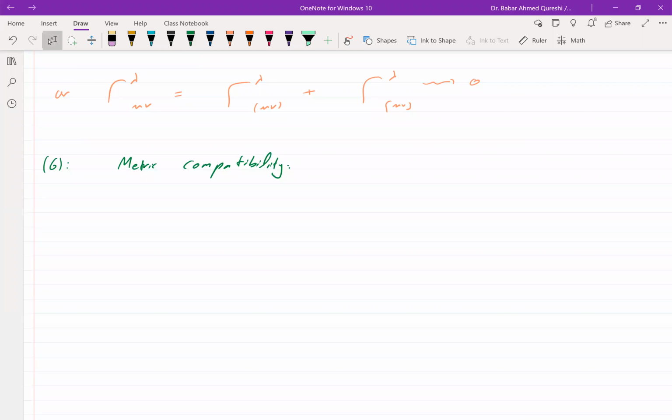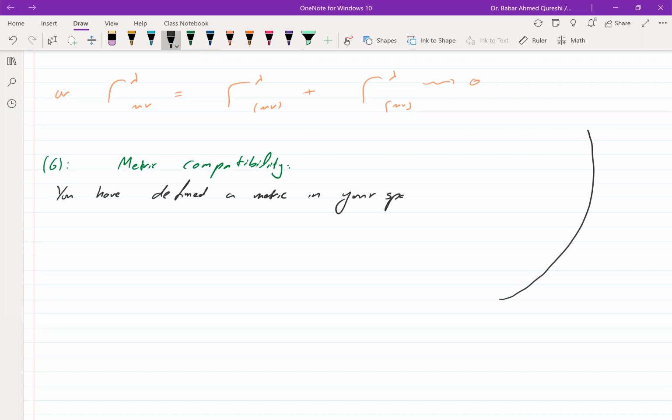So what is metric compatibility? Suppose you're given a curve, and you have defined a metric in your space. Defining a metric in your space means at each point you're picking a metric, right?